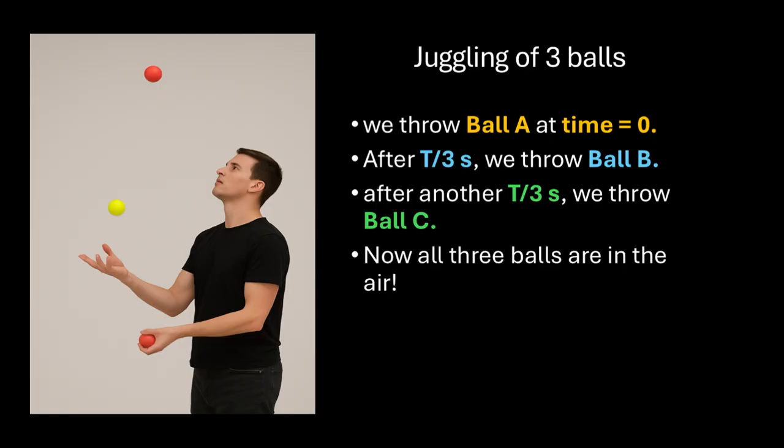After t by 3 seconds, we throw ball B. After another t by 3 seconds, we throw ball C. Now, all 3 balls are in the air. Again, we assume here that the time of flight of one ball is t.